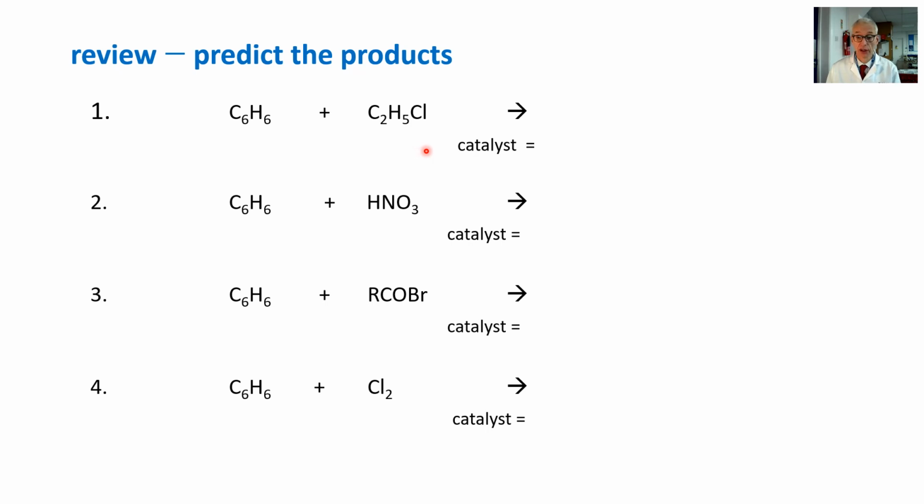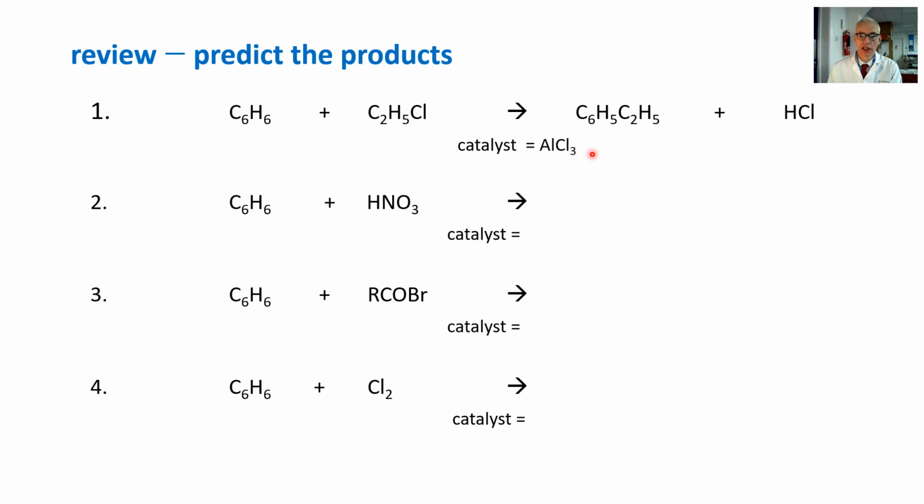Okay, so if I reveal the first set of answers, then we have from chloroethane, the ethyl group substituting into the benzene ring. Don't forget to balance your equation with the waste product, HCl.